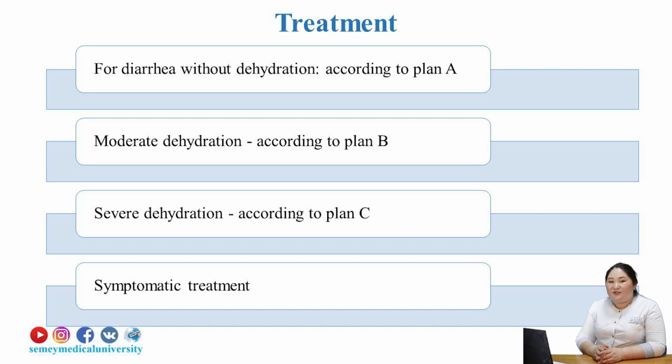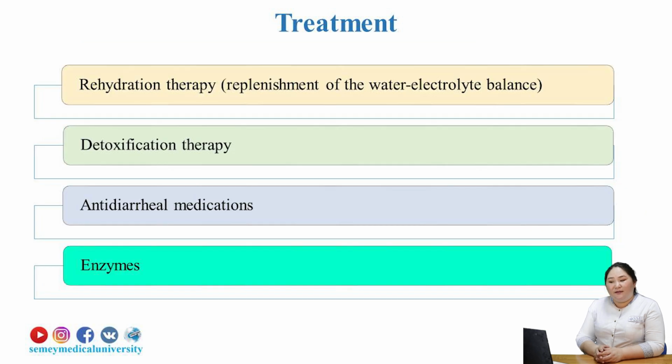If the patient has just diarrhea without dehydration, plan A; if moderate dehydration, plan B; and if severe dehydration, plan C. Symptomatic treatment will be used. For hydration therapy, we mostly use water-electrolyte balance and detoxification therapy; antidiarrheal medications and enzymes can be used here.